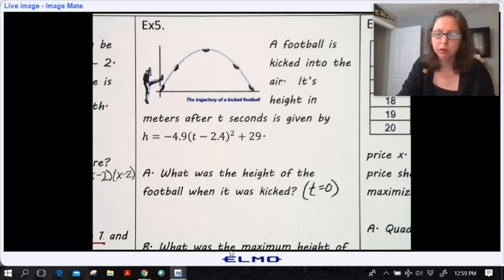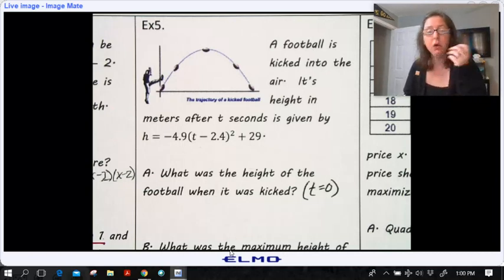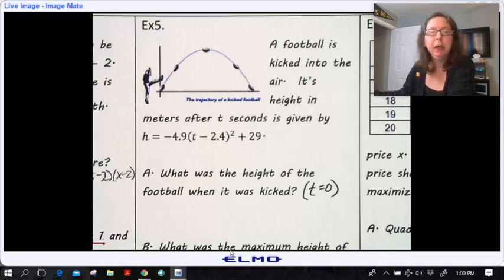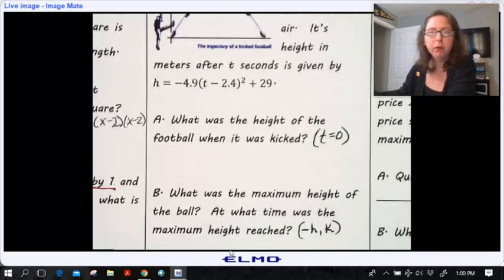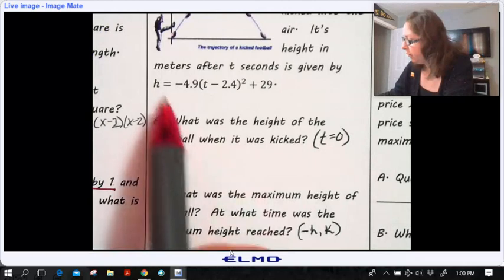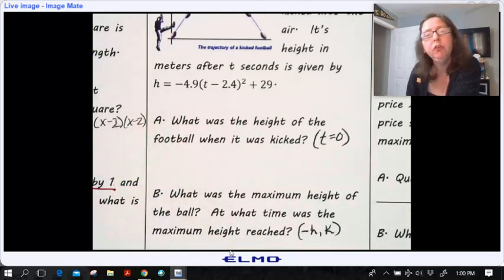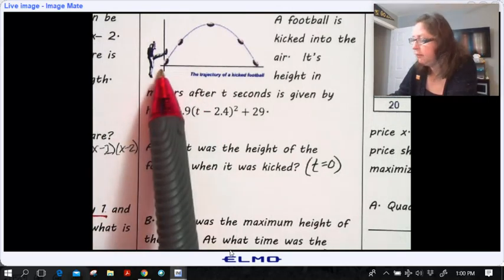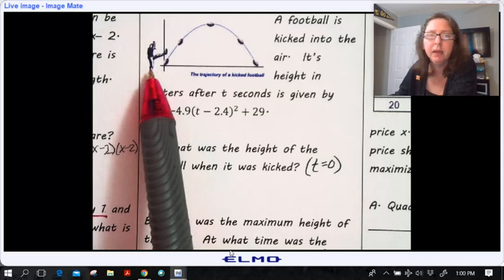So there are 2 different ways that we can go about all of these. I'm going to show you how to do it by hand. So when the ball was first kicked, how much time had passed? Well, the ball is sitting on the ground on a tee, and this person has not yet kicked it.